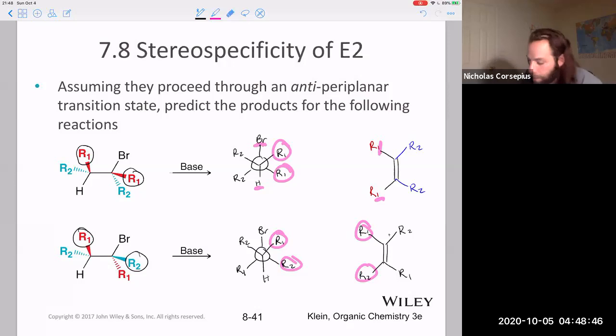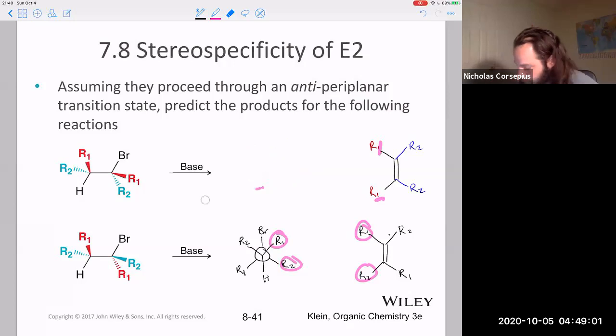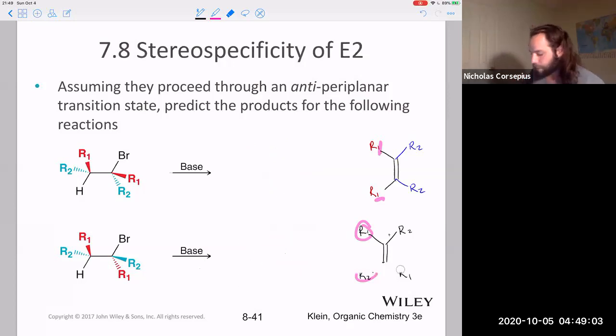Okay, now that's all well and good when it's drawn in this very simple way. Unfortunately, rarely are we going to put the bromine and hydrogen on a straight line and the other groups on dashes and wedges, right? So let's make sure we know how to do this with our normally drawn bond line structures.